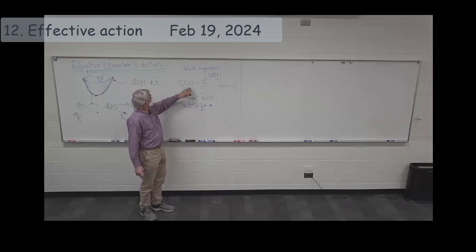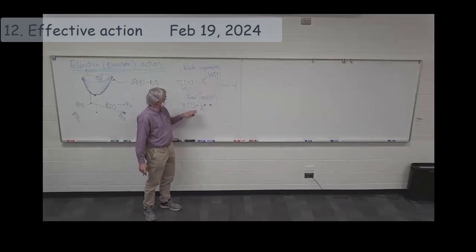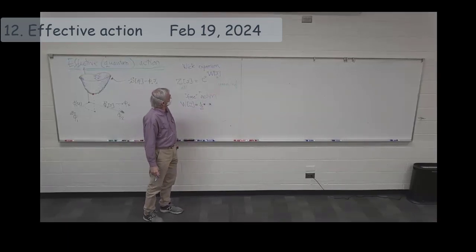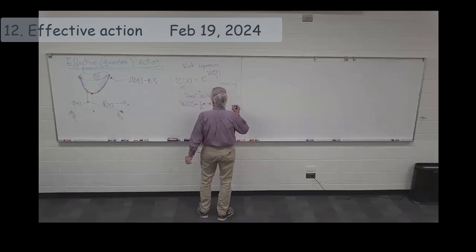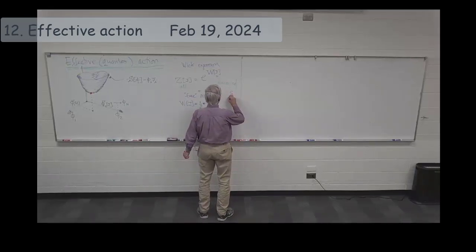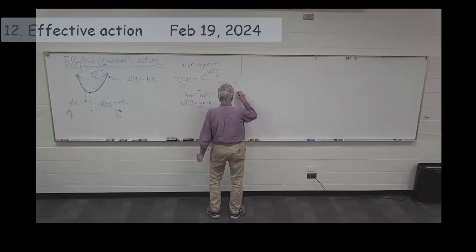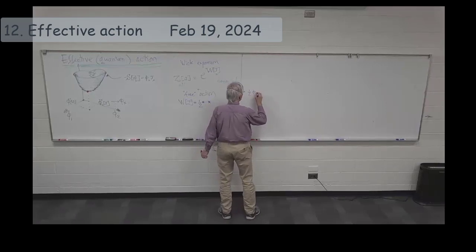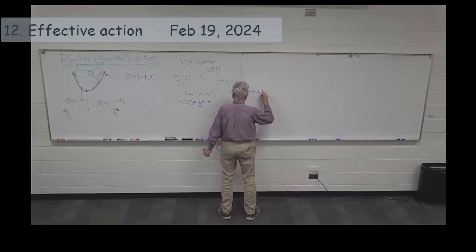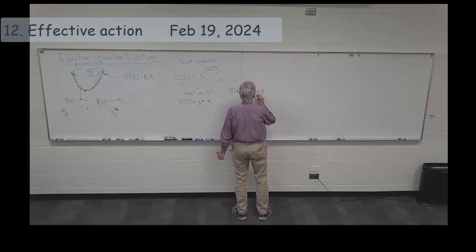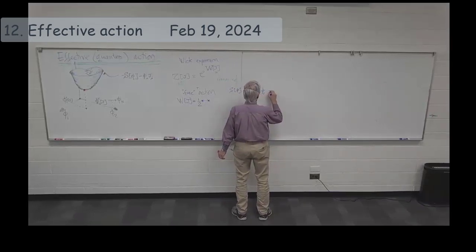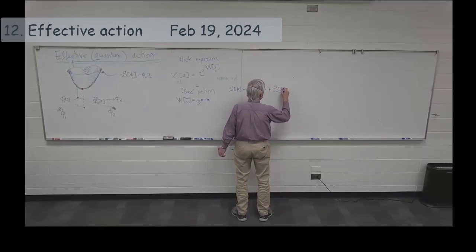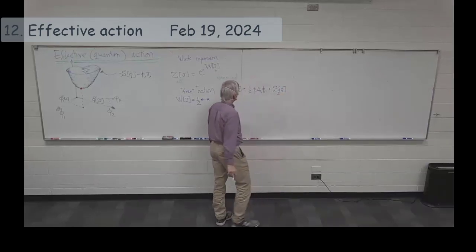And so to get all possible things, you just have to figure out the exponential of that thing, and then you separate your action into this guy, plus the rest, the so-called interacting part.